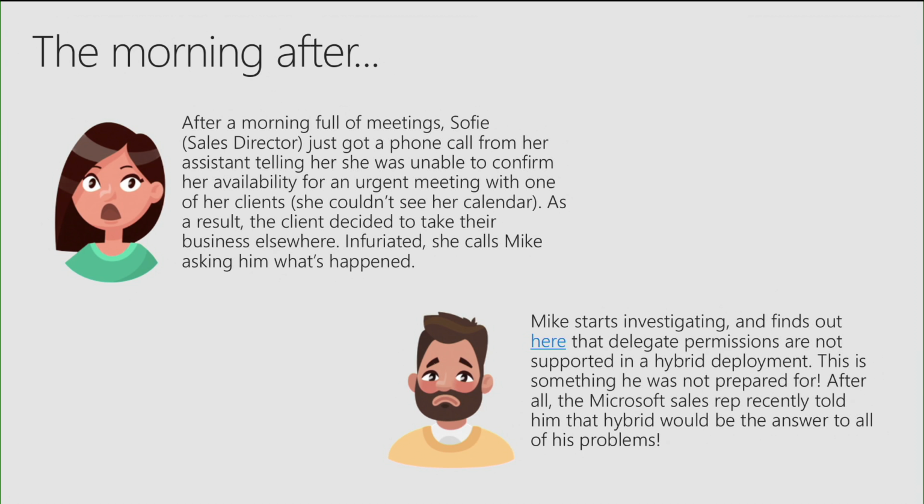So Mike started looking into the problem and realized that delegate permissions weren't supported in a hybrid environment. He wasn't ready for that. In the past, we've always said that if you have anyone with a delegate relationship or any of these permissions established, you needed to move them at the same time. So there wasn't actually a cross-premises issue when it came to accessing data in mailboxes.